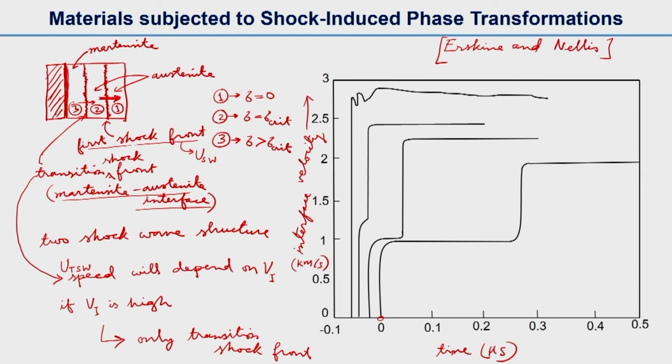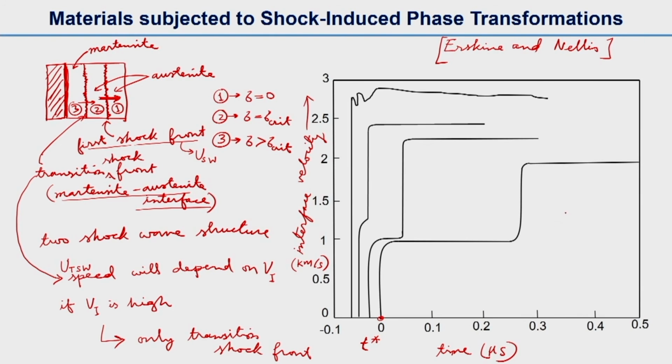These times are showing very close to 0. This is just staggered; you can think of this as a very small time, close to 0. It should be positive, although it is shown as staggered like this. These 4 curves are for 4 different impact velocities.